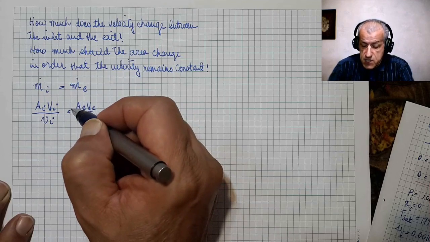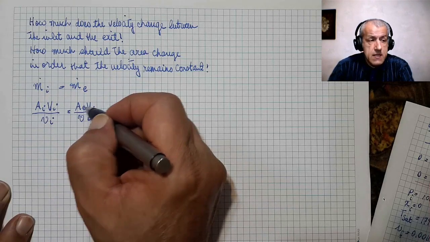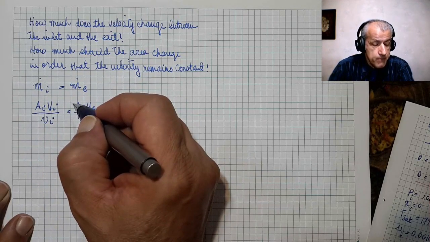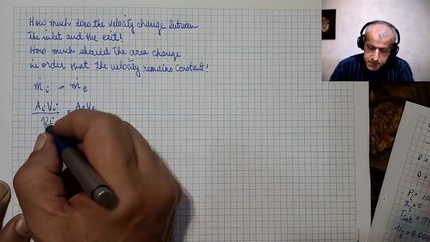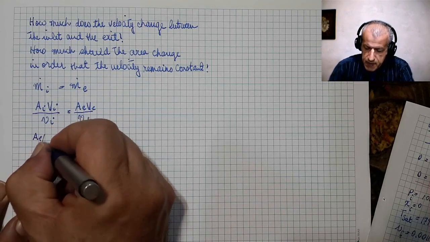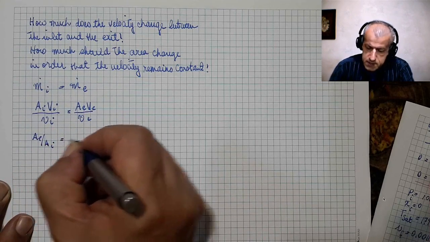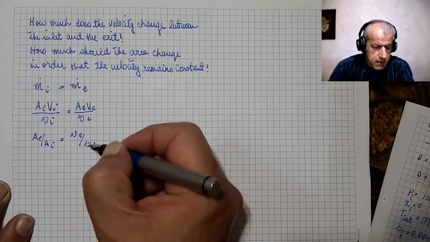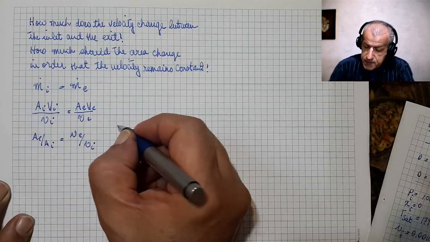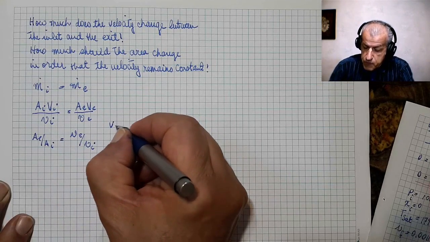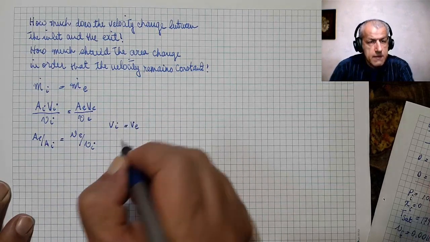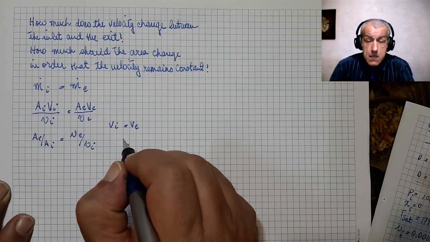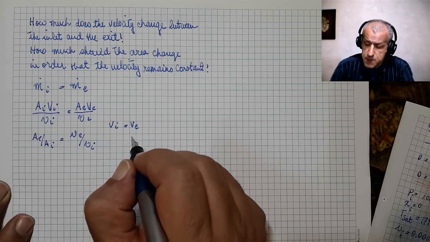And if we keep the velocities constant, then that would give us a ratio between inlet and outlet areas. Let's see what happens. We can write AE divided by AI equals VE divided by VI, for the case that VI equals VE. That's exactly the assumption we made, and now we want to see the consequence of that assumption.